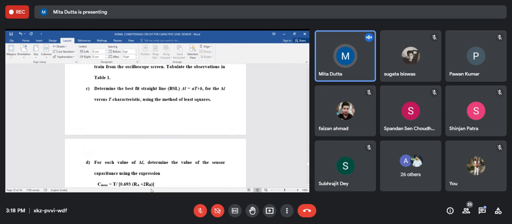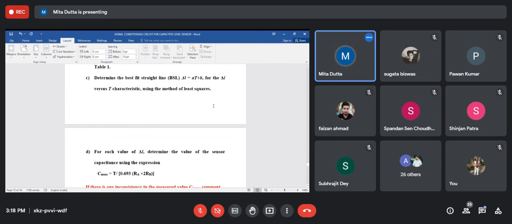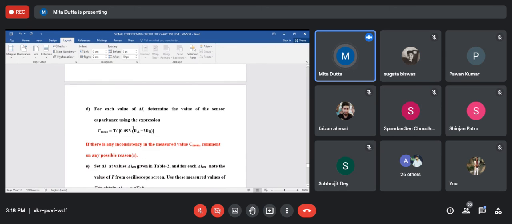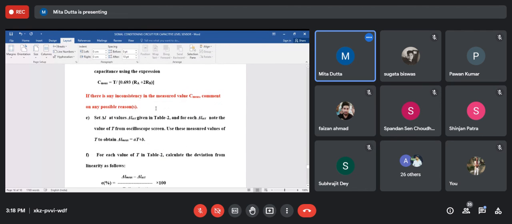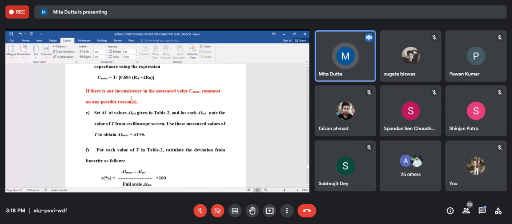C measured will be this: del L into A plus B. You have to find out the two values of A and B from the best straight line using the least square method. Now for each value we have to determine C. And why the inconsistency occurred in a measured value of C, I have told you already.